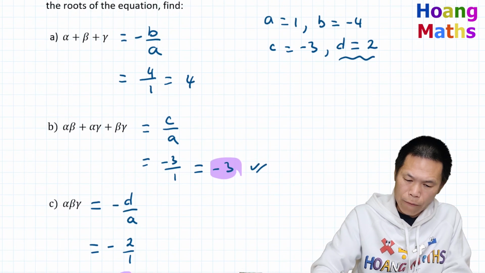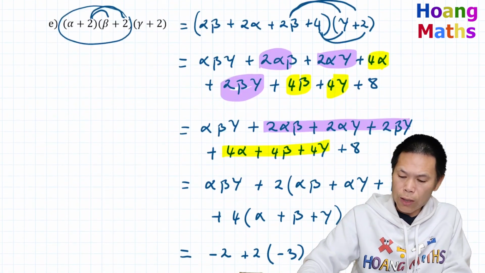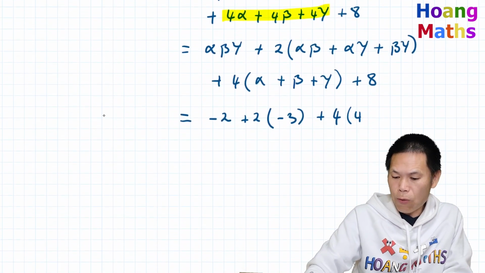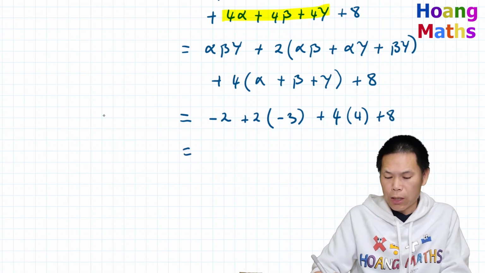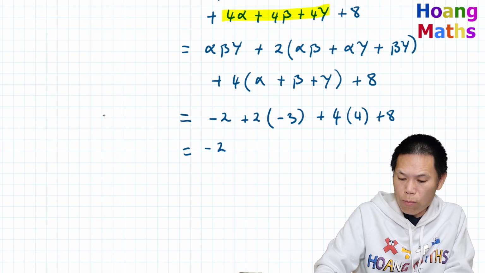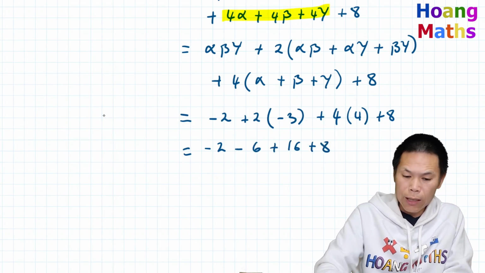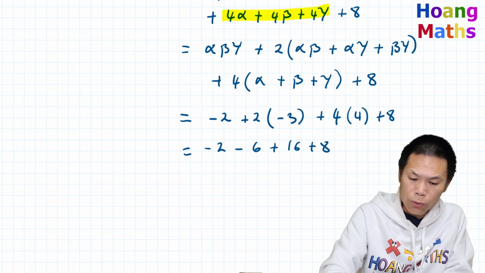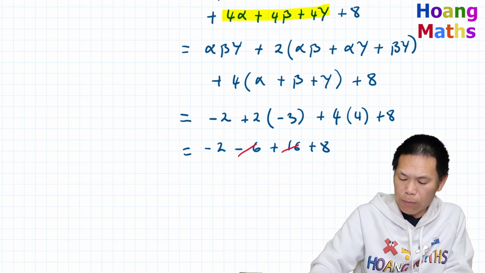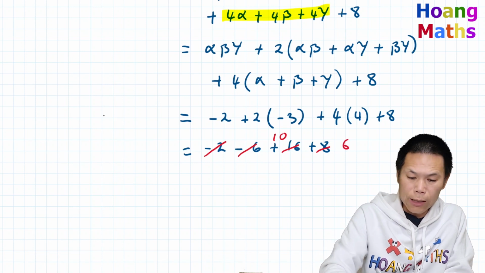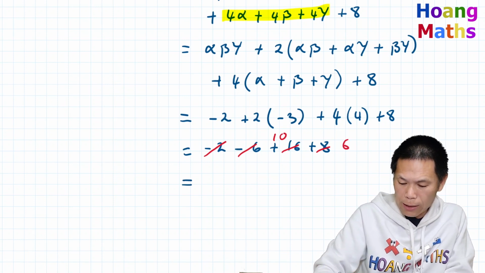So that is 4. So let me just write this down. So that is 4. And then we add 8. So that will give me -2 minus 6 plus 16 plus 8. So what do we get? So we just go, this cancels that, gives me 10. And this cancels that, gives me 6. So that is 16. So the answer is 16.